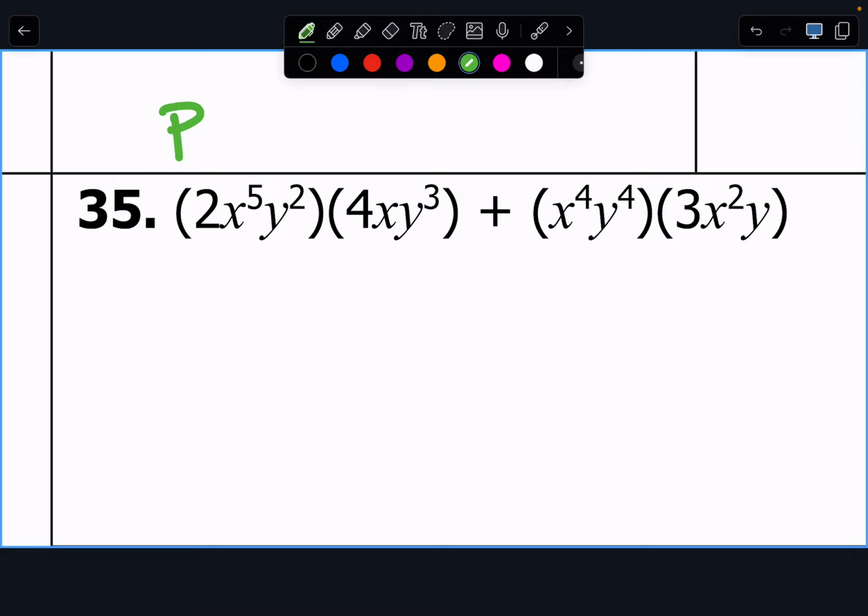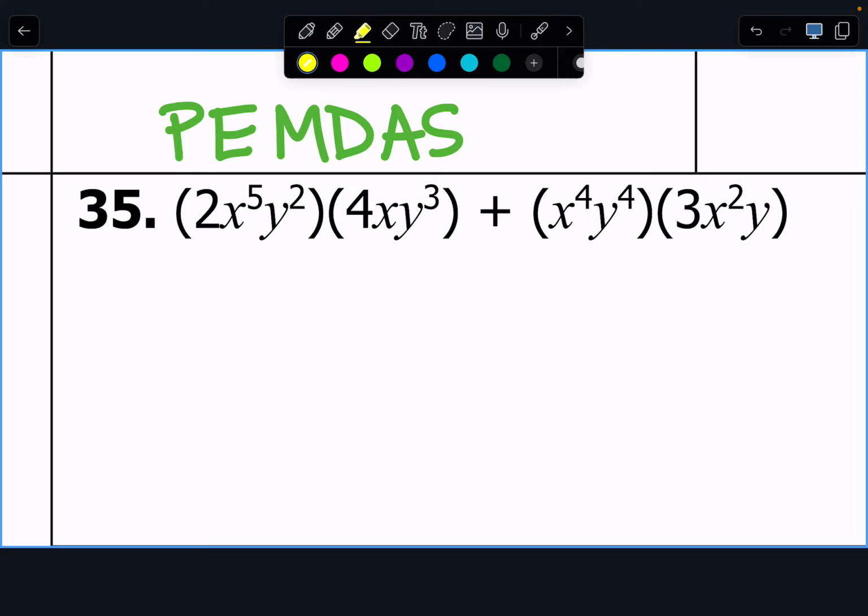Oh, PEMDAS. Okay. So if we have multiplication and addition, subtraction, what has to go first? Multiplication. Okay.